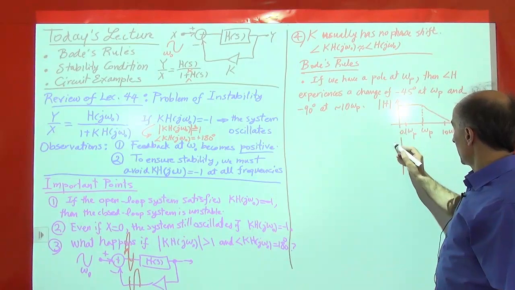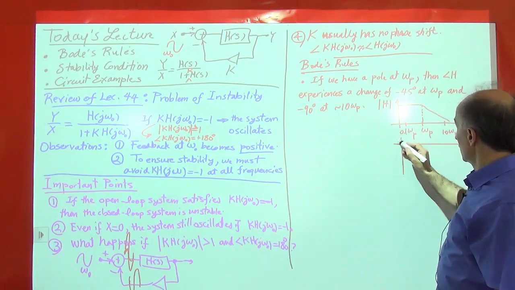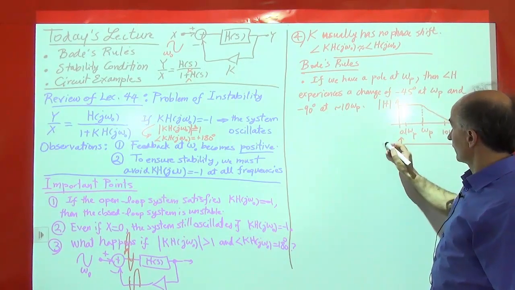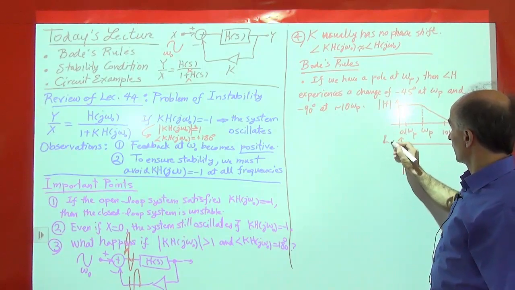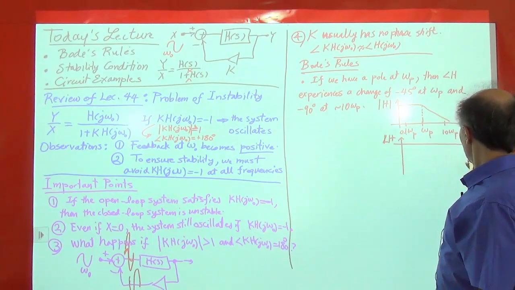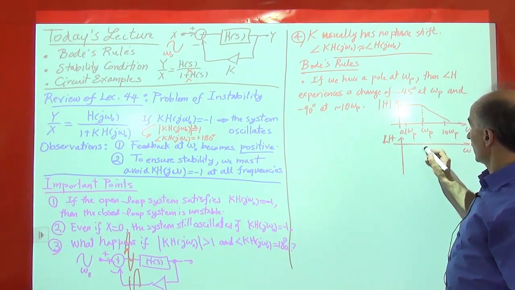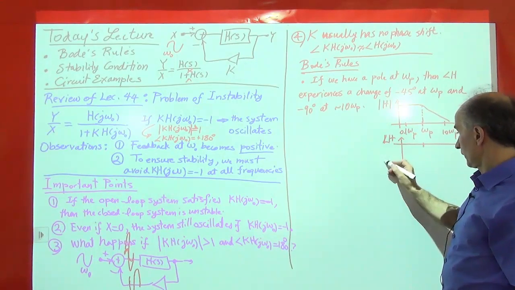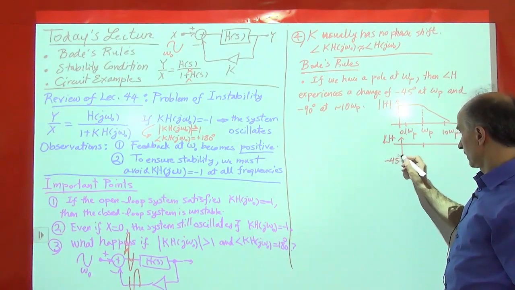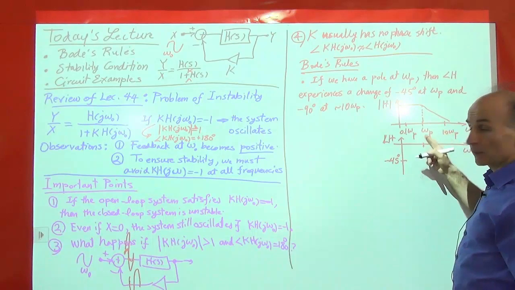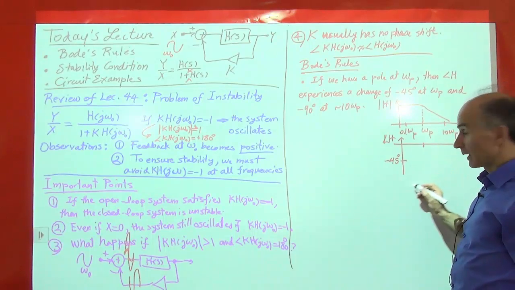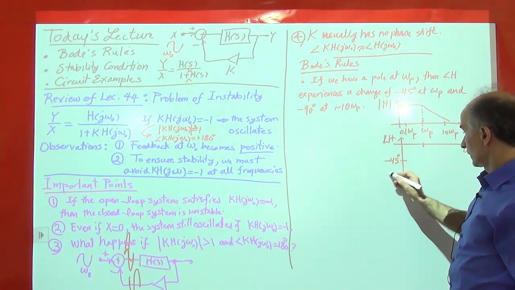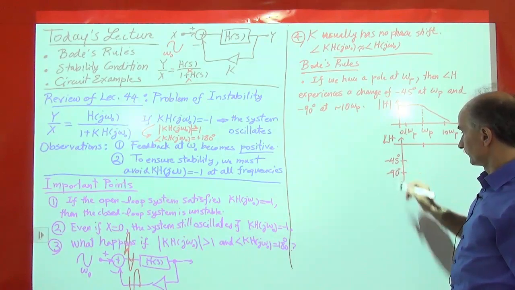Now for the phase, you can see that the phases are all negative from the poles. So we write the phase like this. Right at the pole, we have a contribution of minus 45 degrees. So minus 45 here. And then at 10 times the pole frequency, it gets to about minus 90 degrees. So minus 90 degrees here.